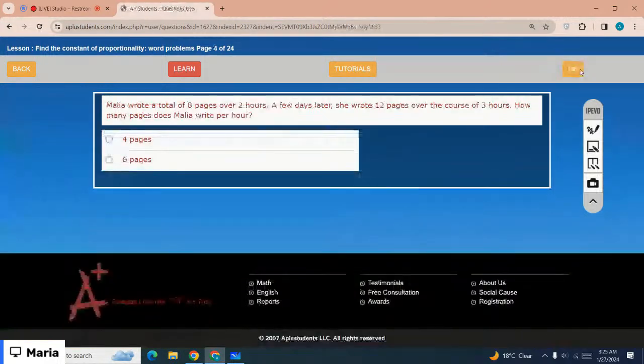The next one is Malia wrote a total of 8 pages over 2 hours. A few days later, she wrote 12 pages over the course of 3 hours.